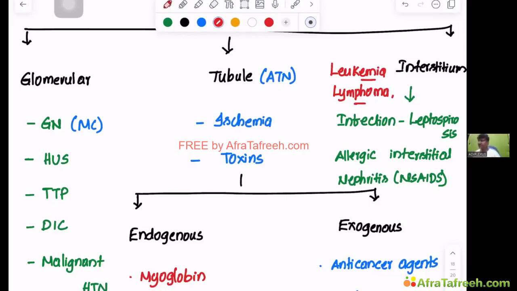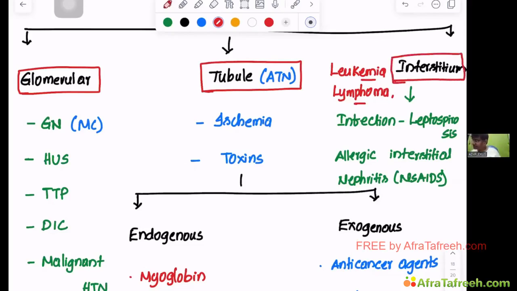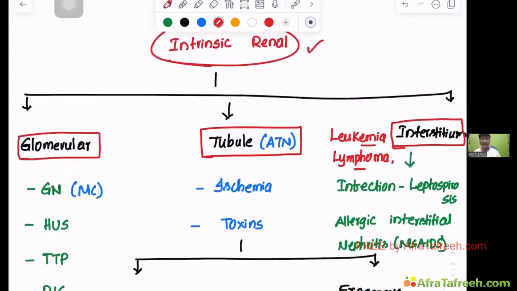Right, lymphoma as well as leukemia. Okay, so this is about glomerular pathologies, tubular pathologies, then interstitial pathologies that would be responsible for intrinsic type of acute renal failure.